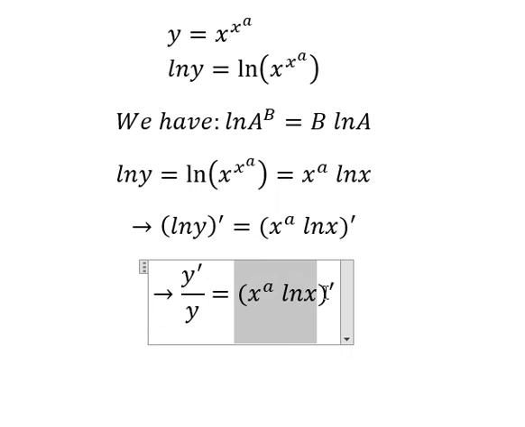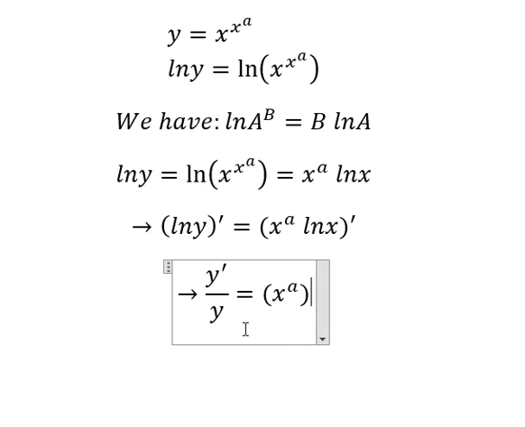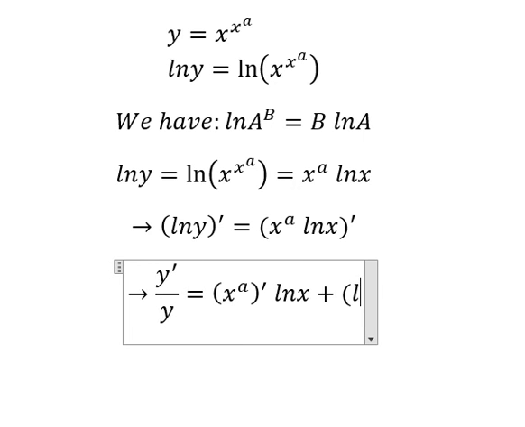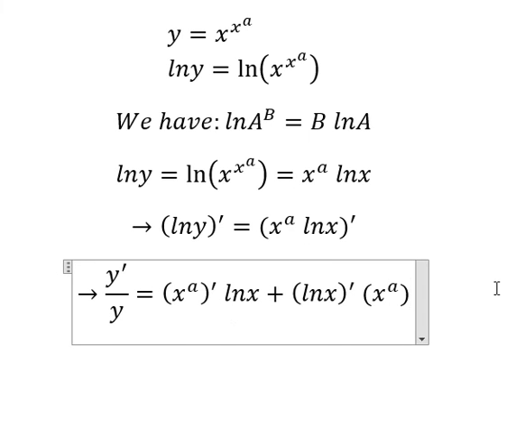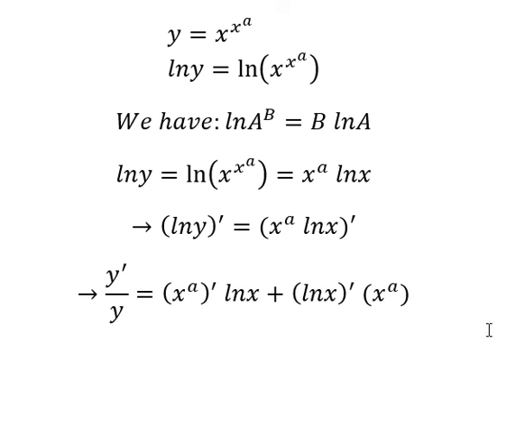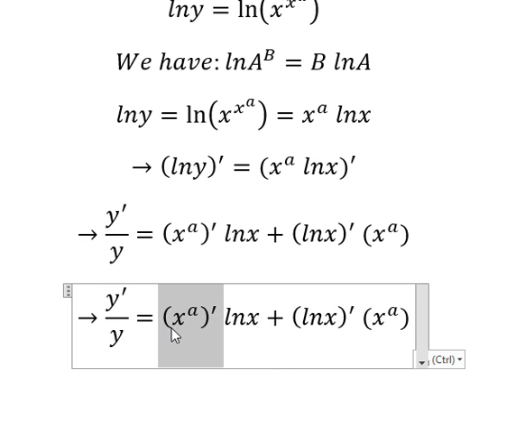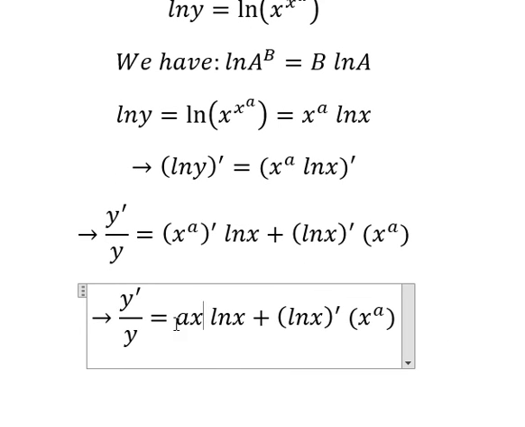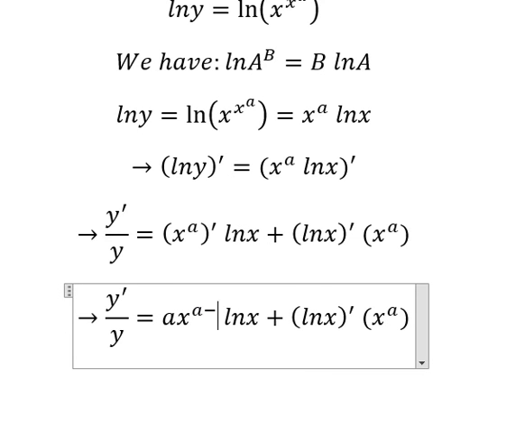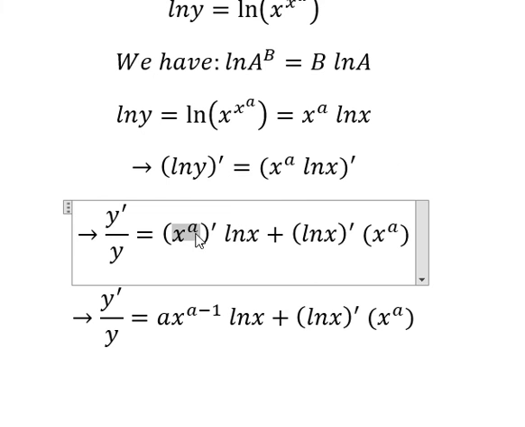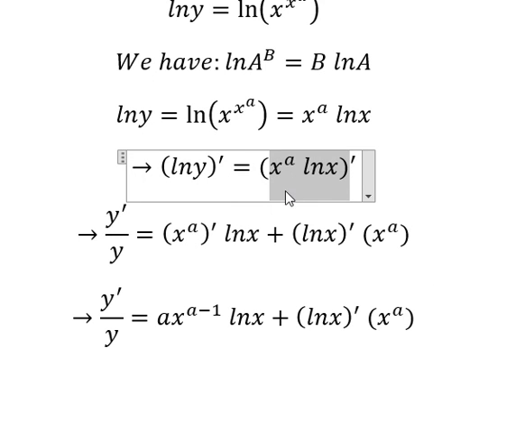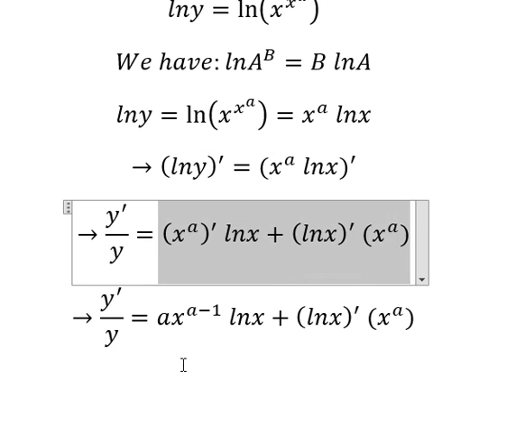This one we can apply the product rule of the derivative. This one is about s to the power of a minus 1. This one is about the power rule of the derivative. This one is about the product rule from here.